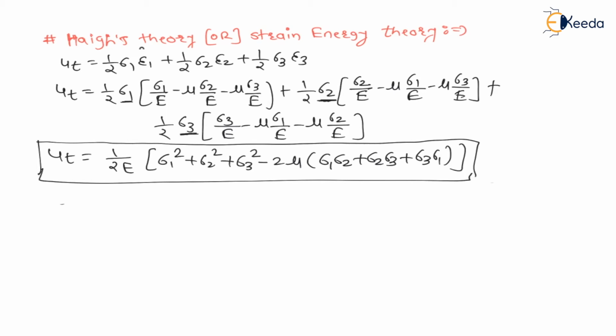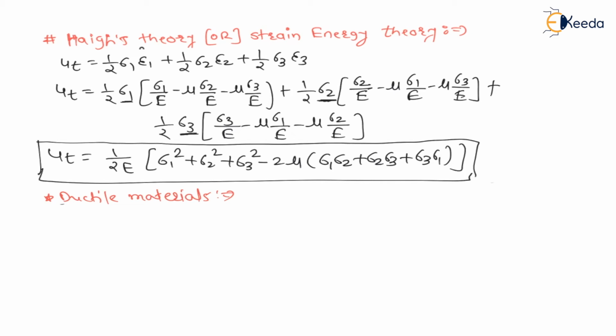Now we have to define the theory. First we will define the theory for ductile materials. The statement of the theory is: a component subjected to a complex state of stress is said to have failed when the total strain energy stored at a point in the material exceeds the strain energy at yield point under simple tension.